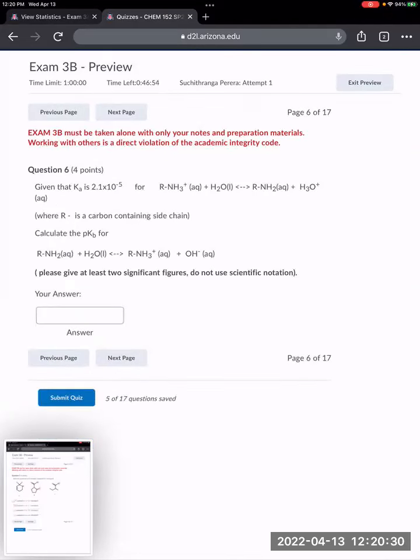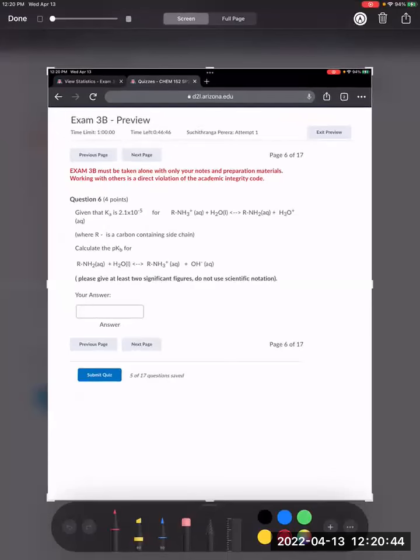Question 6, given the Ka for this reaction, you are asked to calculate the pKb for the conjugate base reaction with water. So now you're given the Ka for this acid dissociation, and you're asked to find the pKb if this amine of the conjugate base reacts with water.